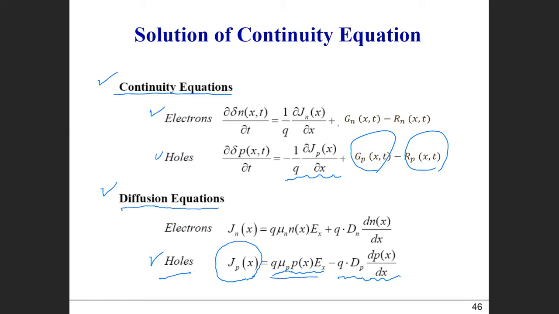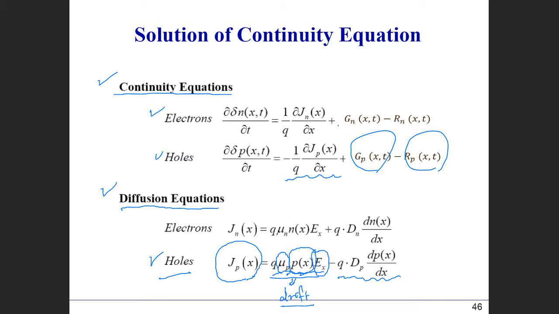Drift current, as you see here, is related to the electric field, the number of holes, and their mobility. If we multiply these terms, that gives us the drift current.